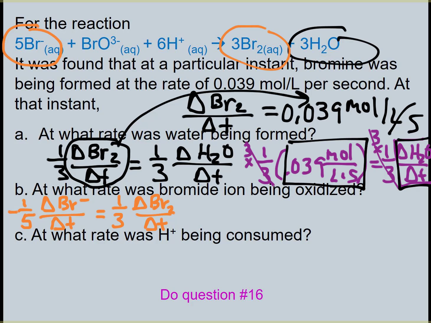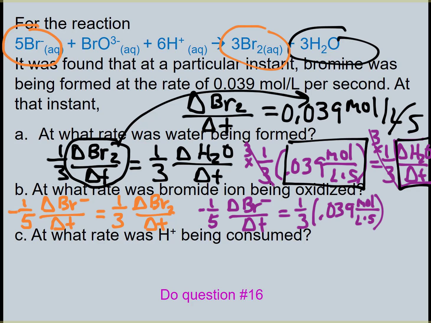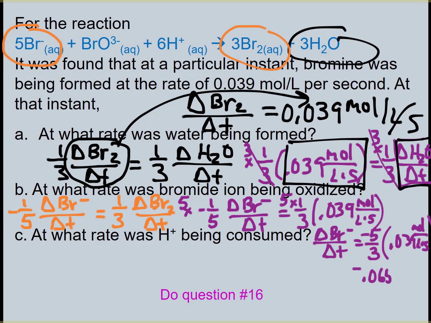Let's plug in what we know. So I'm going to multiply each side by 5. So my answer will be a -5/3 times that 0.039, and I get 0.0065 moles per liter per second.